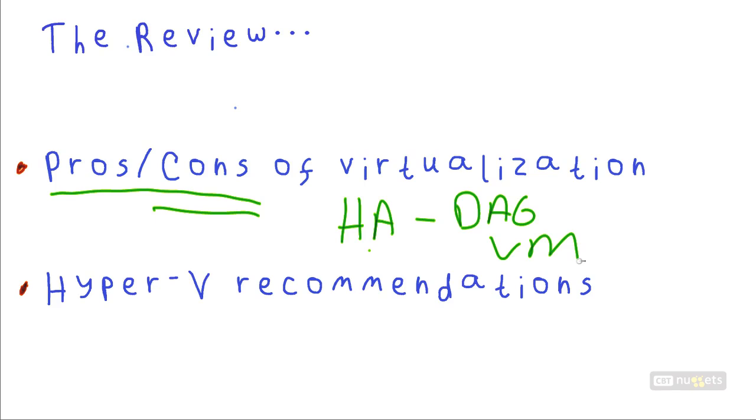Now with Hyper-V, there was a lot of information I gave you about Hyper-V. We talked about some of the technical aspects of 2008 R2 versus Server 2012 Hyper-V, how many total VMs you can have. But at the end of the day, what you need to configure and give Hyper-V is the same thing that you would have given your physical hardware to begin with.